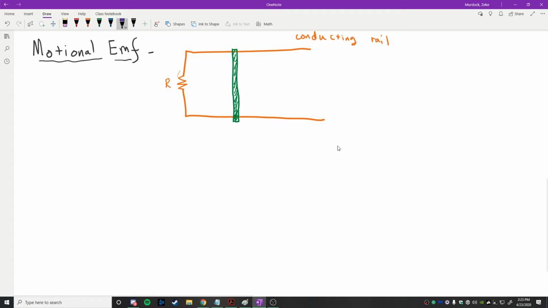Now, the other thing we're going to need is a magnetic field that points into the page. It could be out of the page, doesn't really matter. So here's our magnetic field. And this magnetic field is going to exist all over the conductor. It's going to be uniform. It doesn't have to be, but we're going to make it uniform.